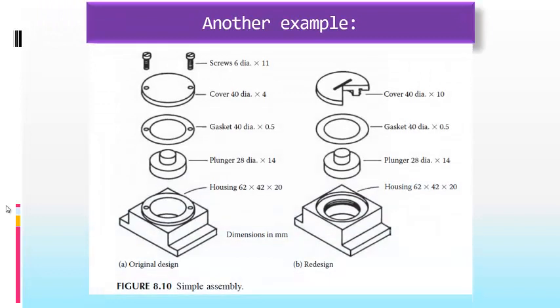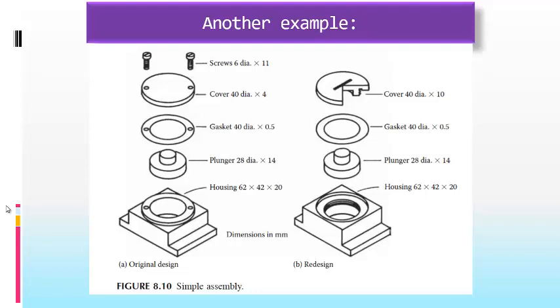Another example is also a well-known example. On the left is the original design, on the right is the modified design. You can go through it, but simply if you look at the one on the left, it has about 7 parts, and the one on the right has only 5 parts.